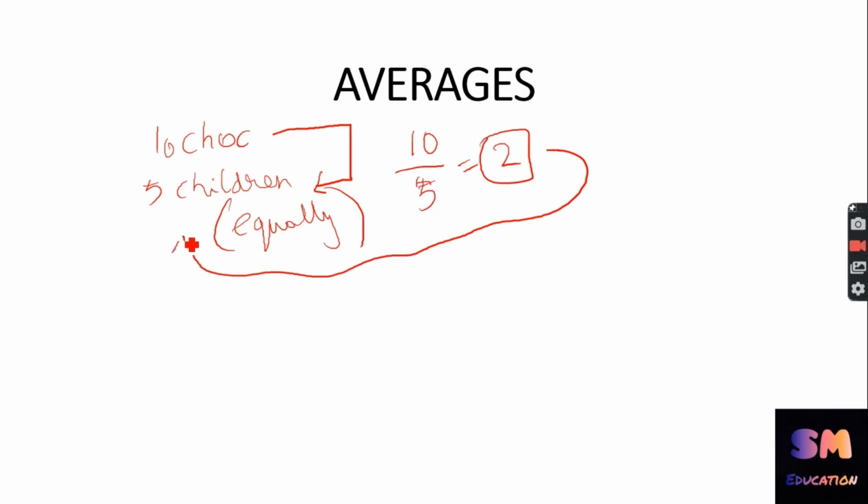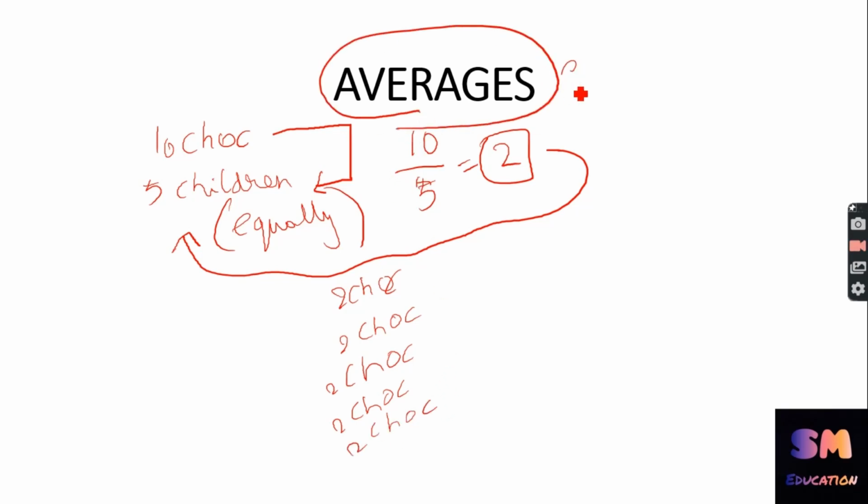By this, we can tell that each child will get 2 chocolates without any partiality, without any less or more compared to other children. So, averages are nothing but equally distributing.